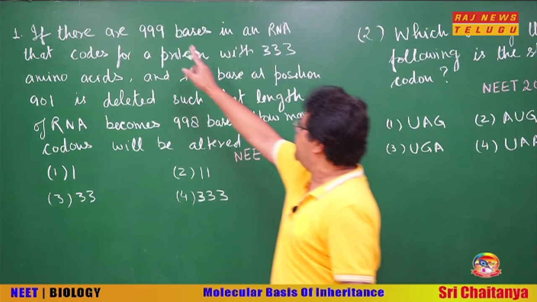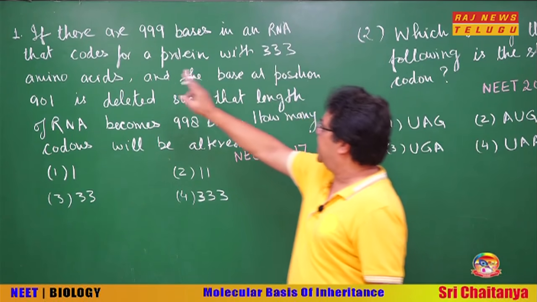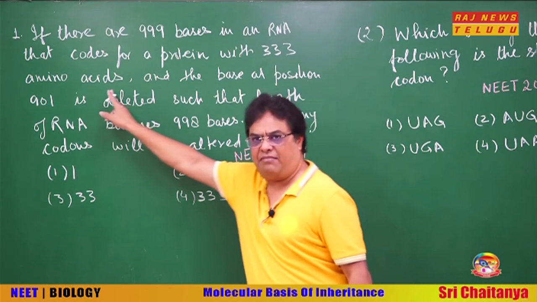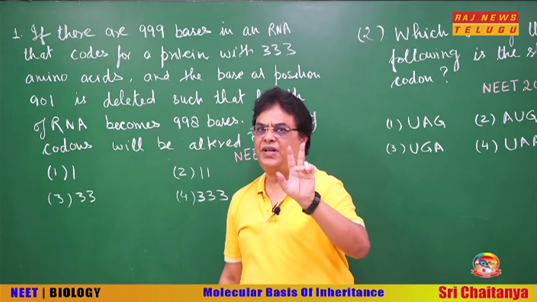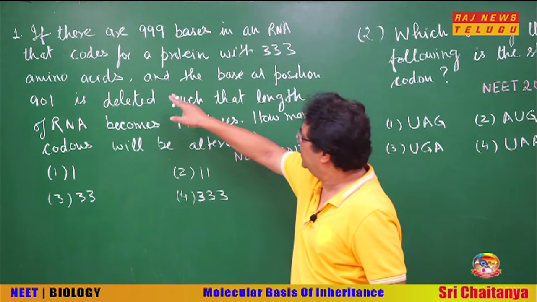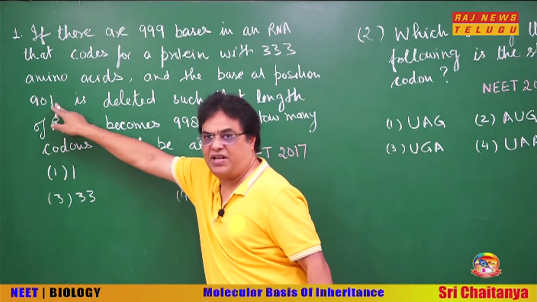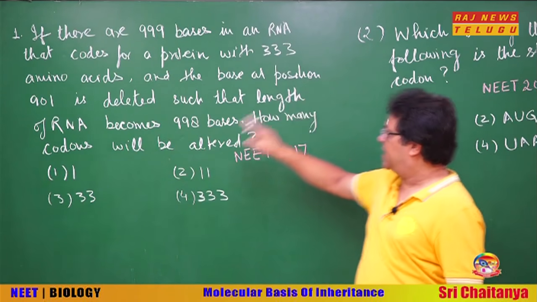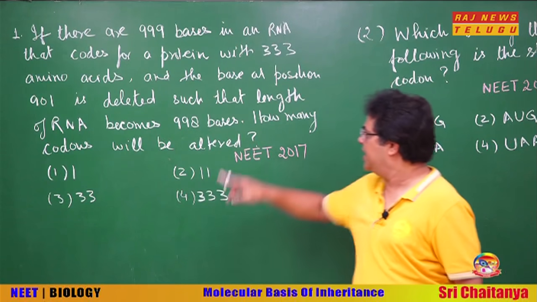If there are 909 bases in an RNA that codes for a protein with 333 amino acids, because you know one codon consists of 3 nucleotides, and the base at position 901, this you have to keep in mind, is deleted such that the length of RNA becomes 998.